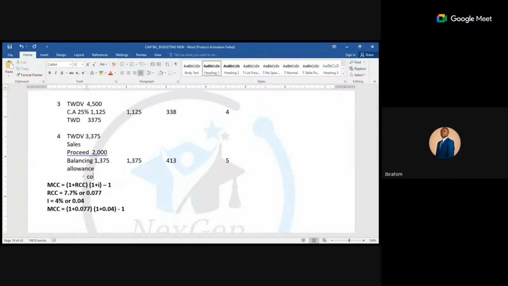This is the conversion of the real cost of capital to the money cost of capital.